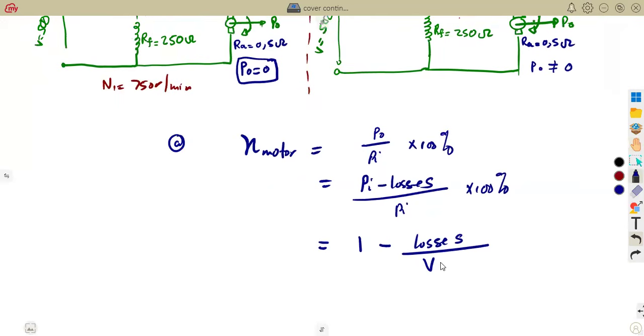That is at the given current. Remember, they said at 50 amps, that is at full load. So that is what you're going to have in this case. And these losses, you remember, are just the 3 losses that we mentioned before. So we just need those losses.